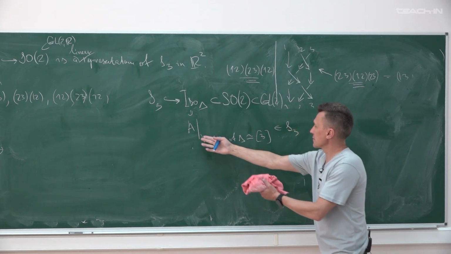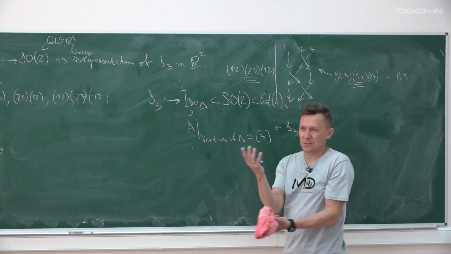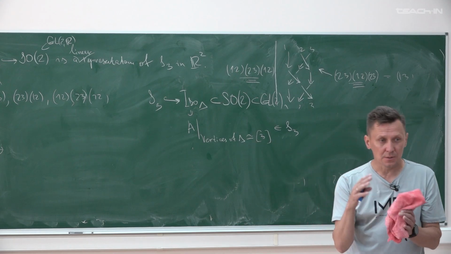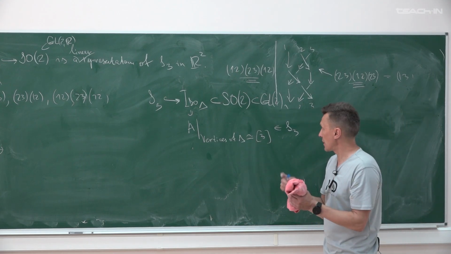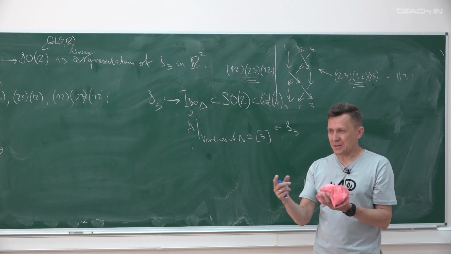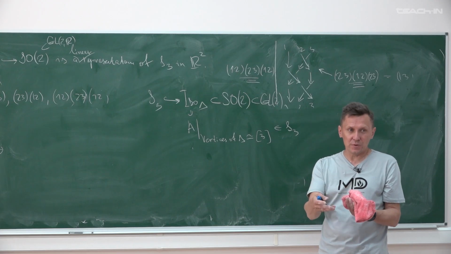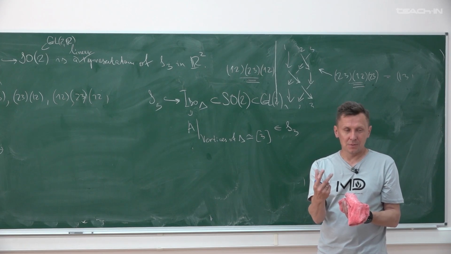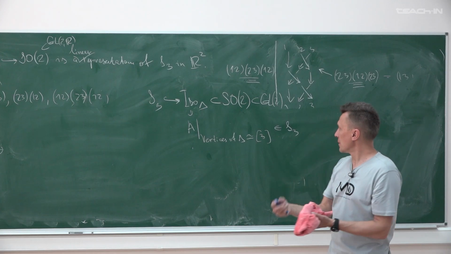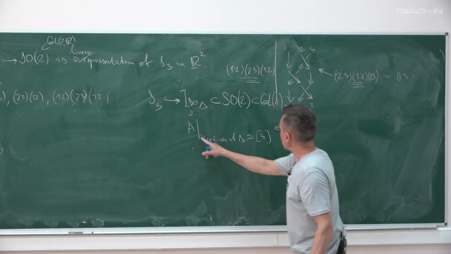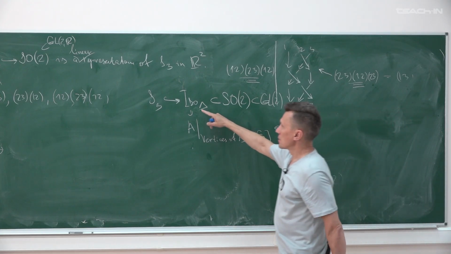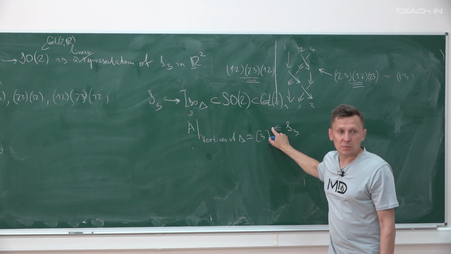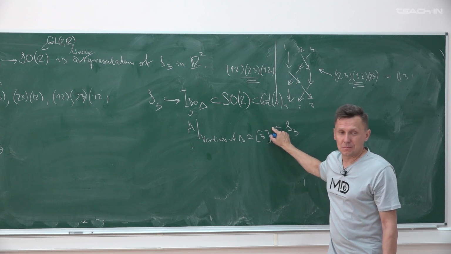Because the set of vertices is a set of 3 elements, and this isometry of a triangle acts on its vertices as an automorphism of the set of 3 elements. But I'd like to say that this restriction is a homomorphism. With what?